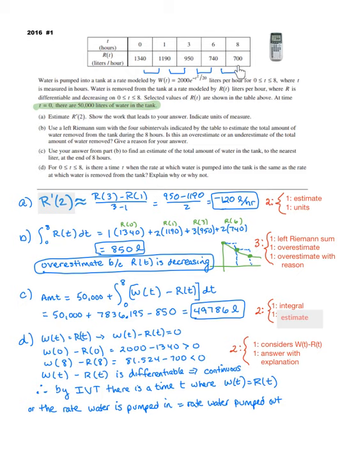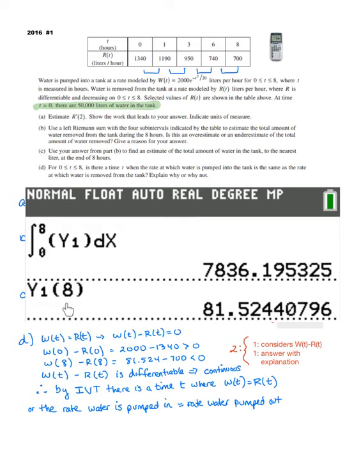Because R of 8 is 700, and if you think about plugging in W of 8, you get 2,000 times e to this power, so we just have to check it in our calculator. So y1 of 8, where y1 was W of t, is 81.524. Subtract R of 8, which is 700, and you're going to get a number that's less than 0, because 81 minus 700 is obviously less than 0.